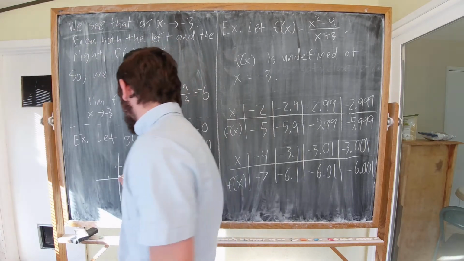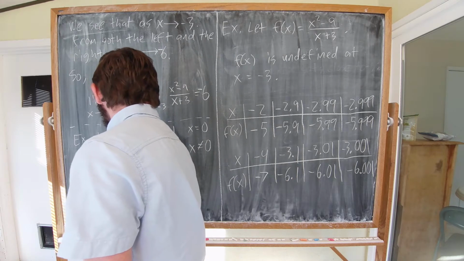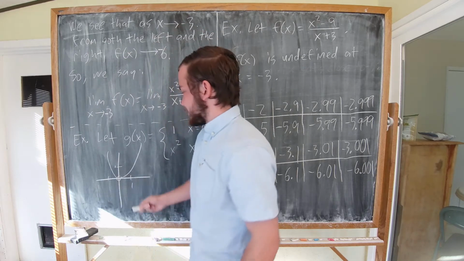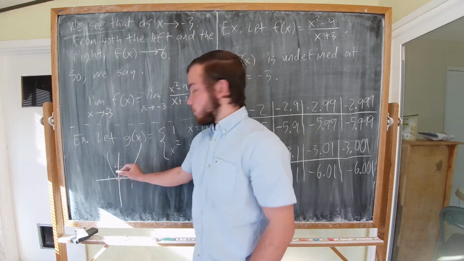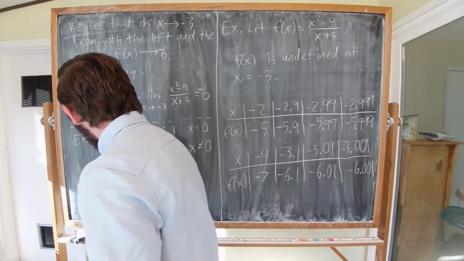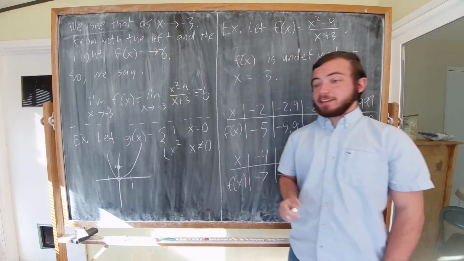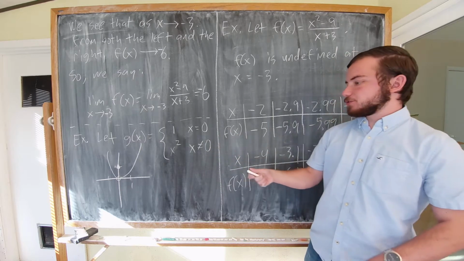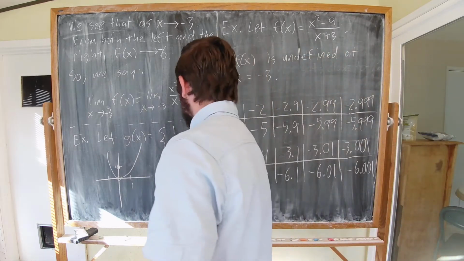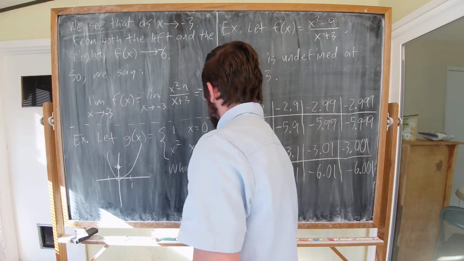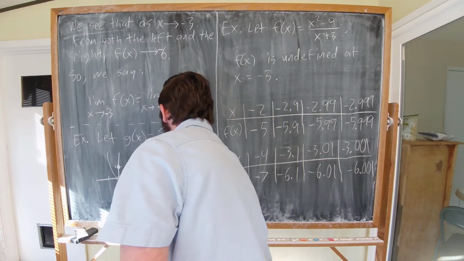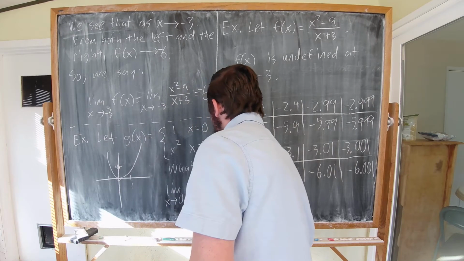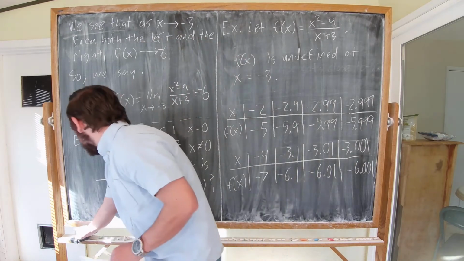It's going to look roughly like x squared, except at x equals 0, where we have 1, like that. Okay, so that's our function, and we ask ourselves, what is the limit as x goes to 0 of g of x?